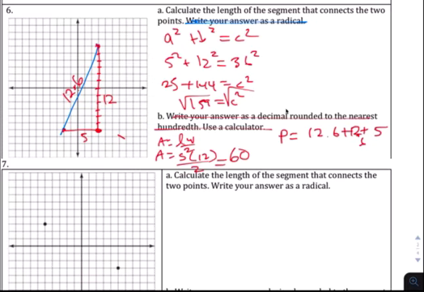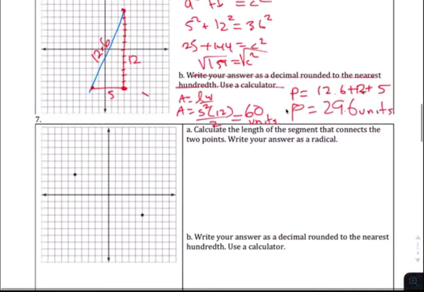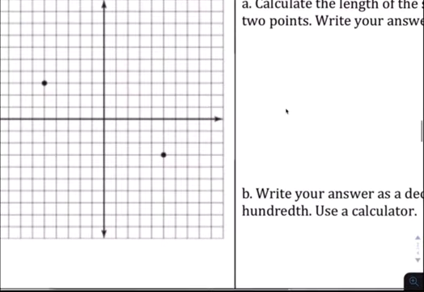Okay, you add them all up. 24, 29, perimeter is 29.6 units. This is units squared for area. Okay, you do the same for this one.